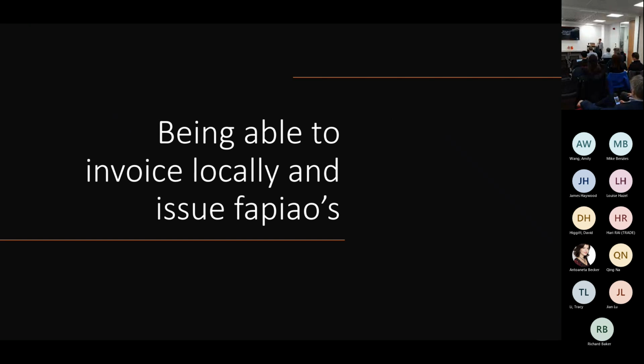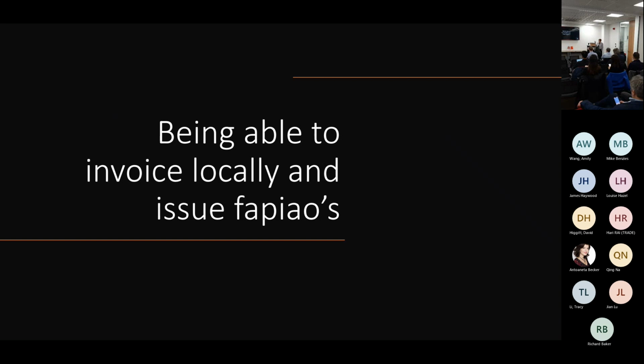All right. The next is being able to invoice locally and issue fapiaos. If you don't know what fapiaos are, this is a term you should learn. Fapiaos are the official invoices that are issued when you are selling in the Chinese market. And you may have clients requesting that you have the ability to issue fapiaos in your own company name.